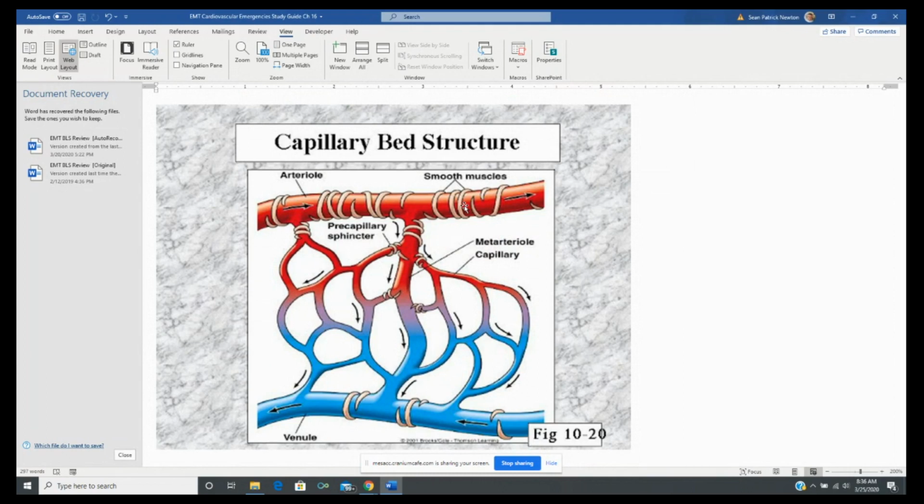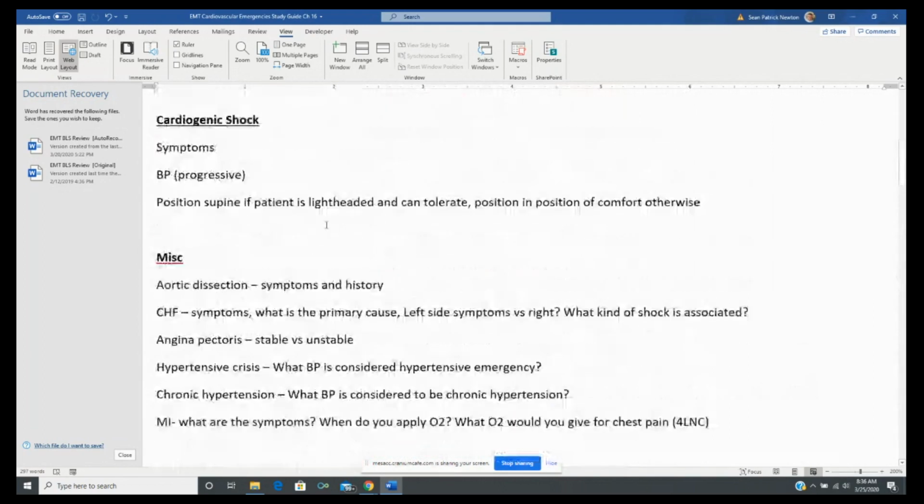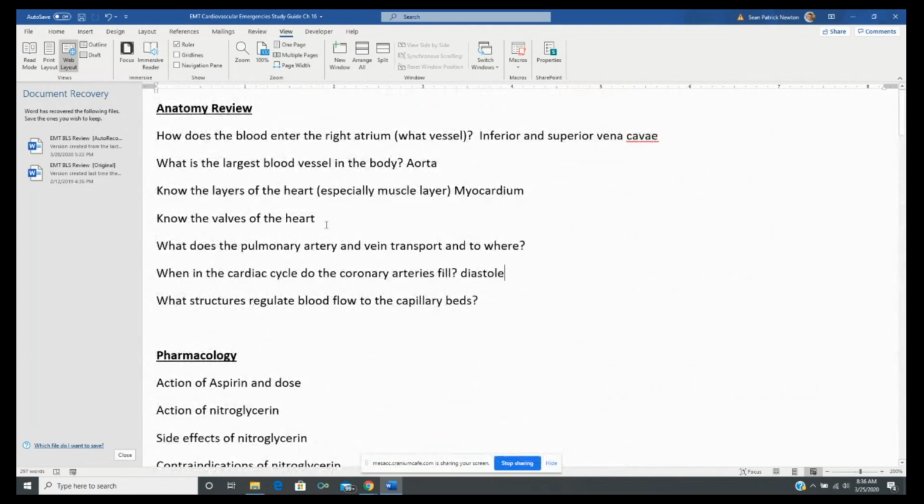That's your sympathetic nervous system relaxing the arterioles right here in your skin to allow more blood on the surface of the skin to get passive cooling from the breeze going by. So back to our question here. What structures regulate the blood flow to the capillary beds? That is the arterioles.